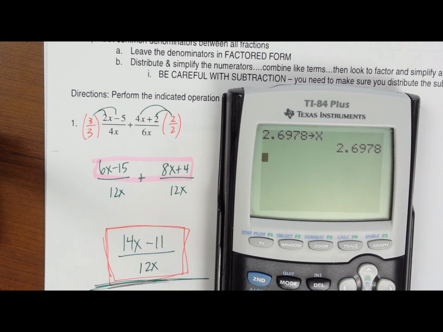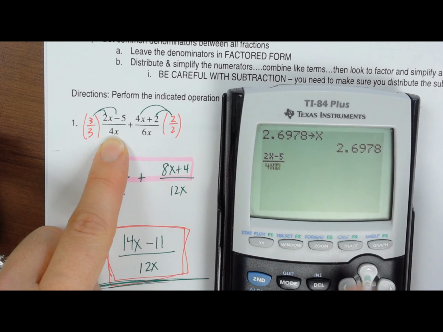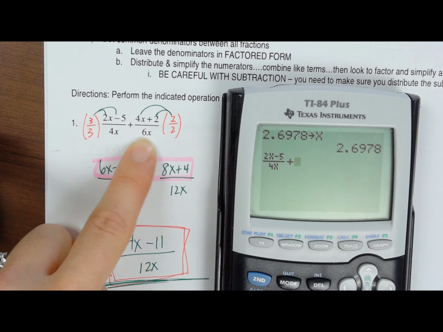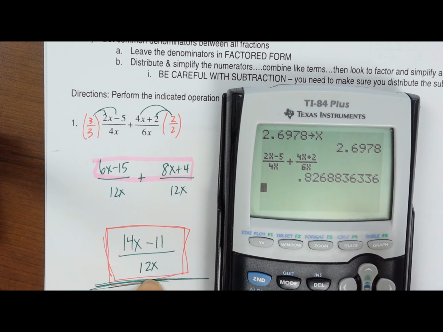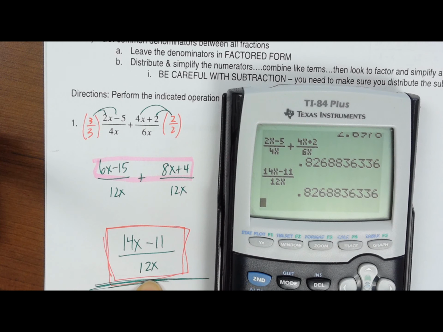Okay, so my x is this number. I just hit random buttons and I have this. If I type in the original, 2x minus 5 over 4x plus 4x plus 2 over 6x, I get that random answer. Then I type in the final answer. Those should match. Woohoo!